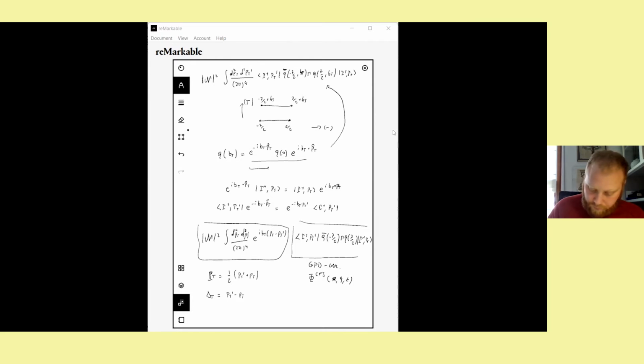So this becomes the norm squared, the integral over capital PT over 2 pi squared, the integral over delta T over 2 pi squared, e to the minus i bt delta T, and then you have your correlator gamma. Nothing in phi depends on the total momentum. It depends only on the difference.